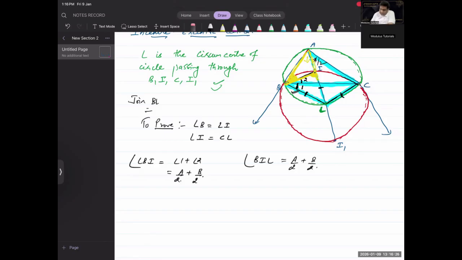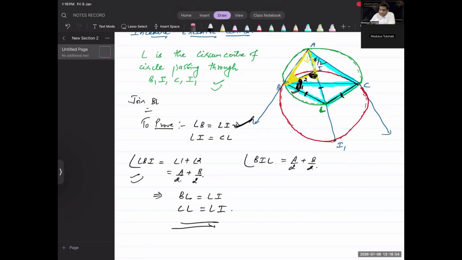So you see, guys, I have been able to establish that angle LBI and angle BIL are equal. Done. So that means the sides opposite to equal angles are equal. So BL is clearly equal to LI, right? So this is done. Likewise, I can also establish by the cut copy paste method that CL is equal to LI.